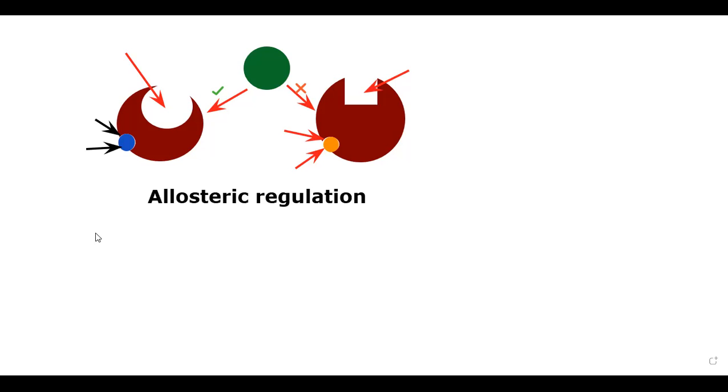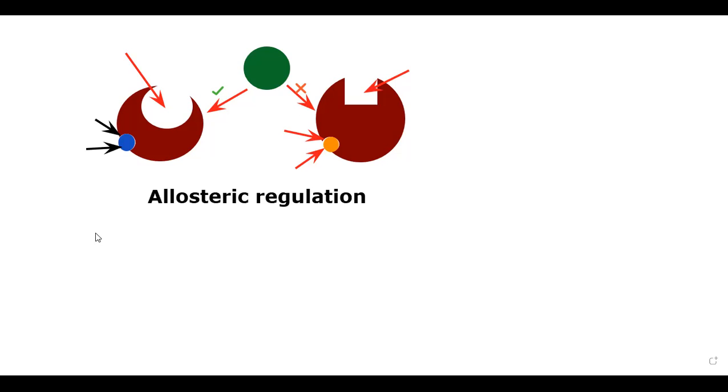One molecule joins, it can be a cofactor. The blue molecule can be a cofactor. Because a cofactor joins, the active site is coming to the correct shape, fitting with the substrate molecule. Because a non-competitive inhibitor binds, the active site is coming to a different shape, not fitting with the substrate molecule.